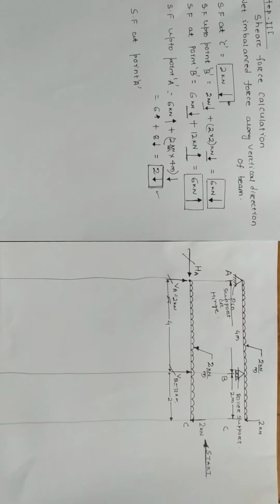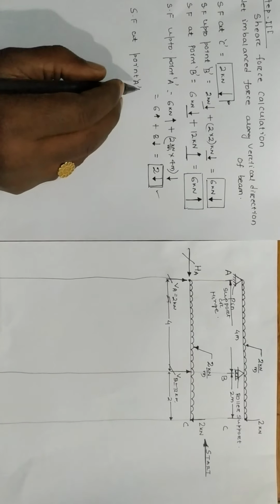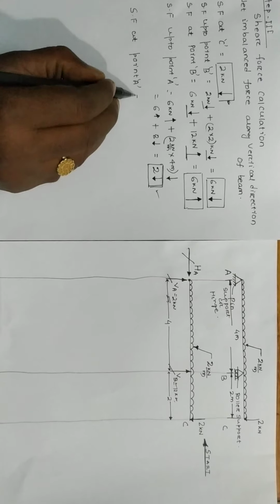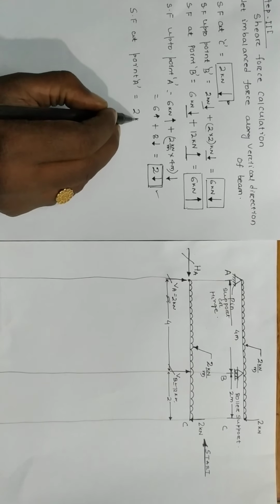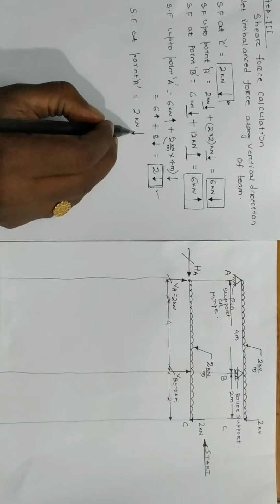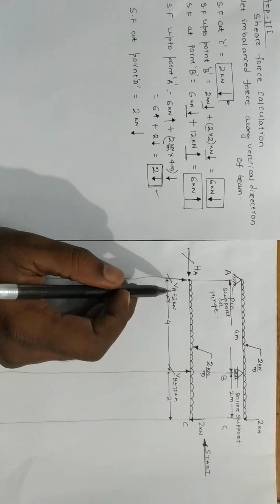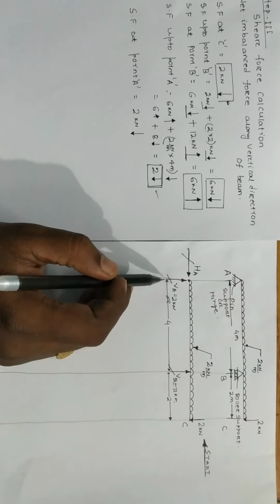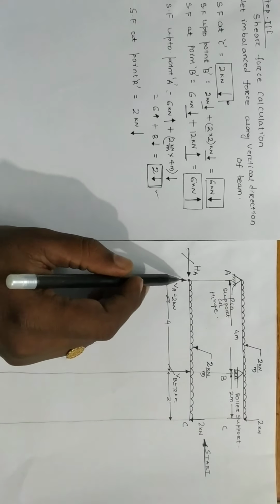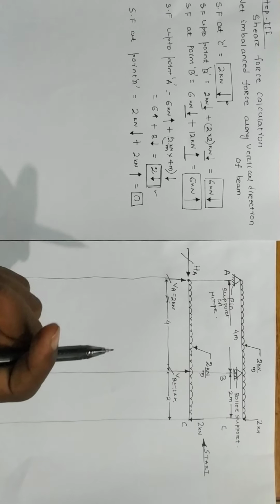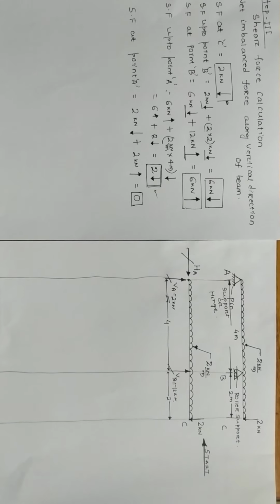Then पहले से क्या लेके आया हूँ? 2 kilonewton downward. अब क्या लूंगा? At point A, vertically directed reactive force VA is 2 kilonewton, and it is vertically upward. Plus 2 kilonewton vertically upward. Then you see these are cancelling, 0. Obviously this must come to 0, otherwise we have committed a mistake. अगर 0 नहीं आता है तो आप mistake किए हैं.